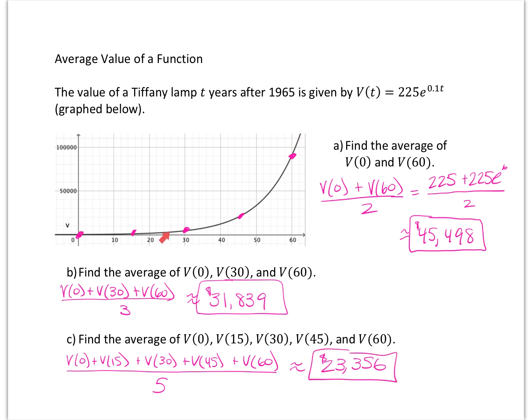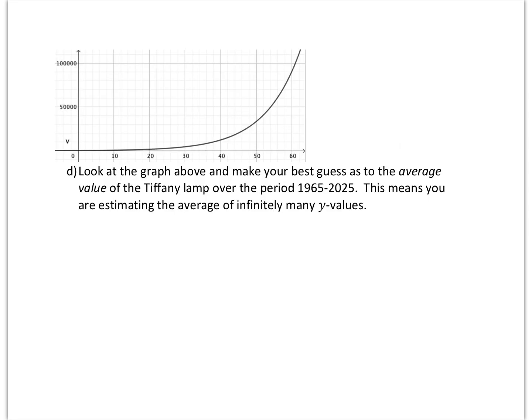And again, that's because most of my points are closer to 225 than they are to this almost $100,000 value. So that's why these average values are coming down the more points I add. I want to look at this graph and make our best guess about the average value of the Tiffany lamp over the period 1965 to 2025.